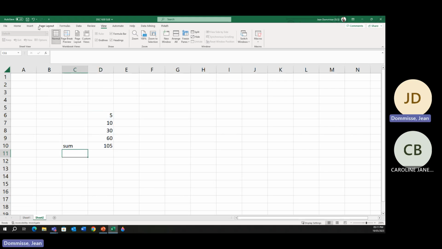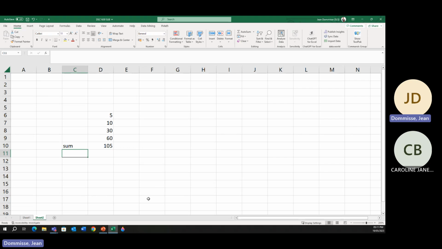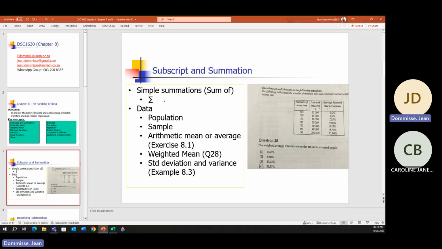You will even see in here that there is an autosum, so it can be added automatically in Excel, but that is basically what it means. It is just the sum of a number of values.